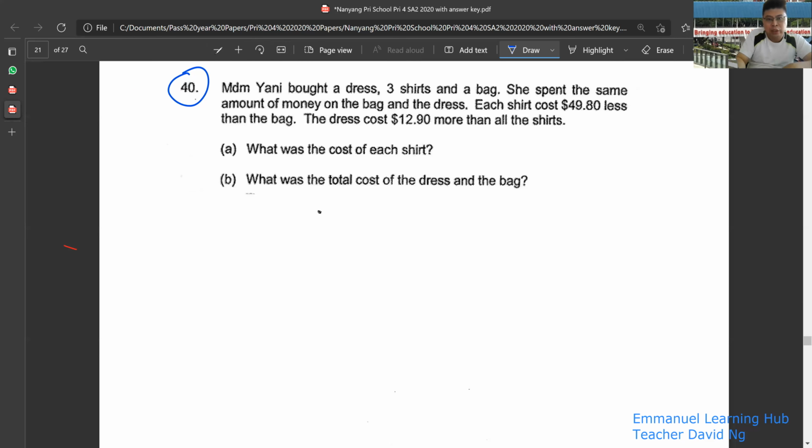Okay, let's draw the model. So how to draw the model? Dress, shirts, and bag. She bought a dress, right? She bought a dress. She bought 3 shirts and a bag. Okay, 3 shirts.